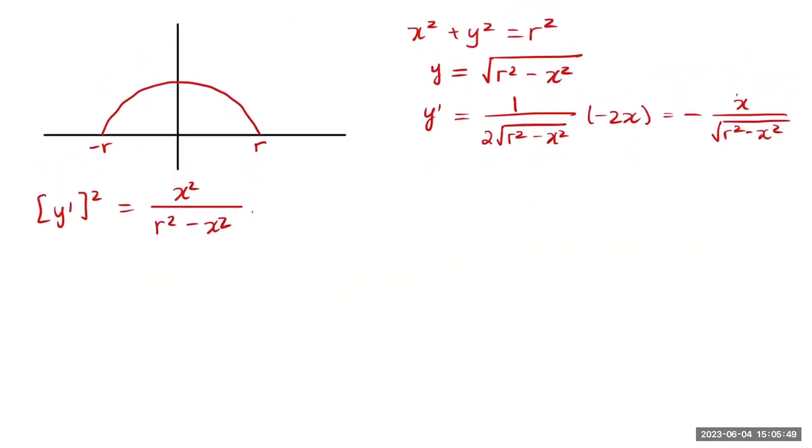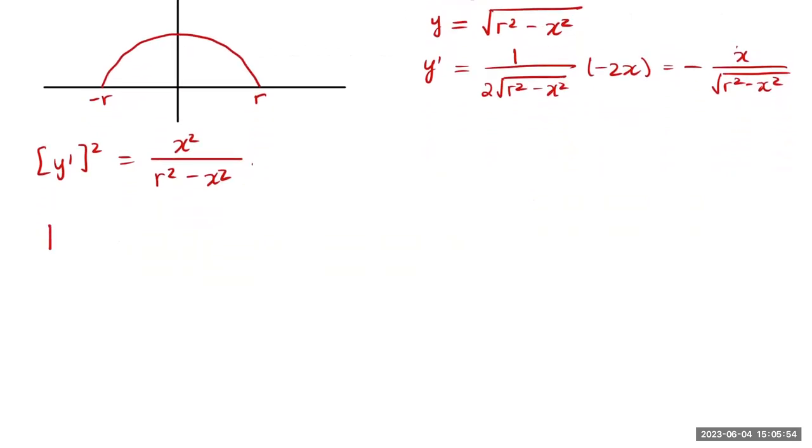Okay, now we just put that into the arc length formula. The length is the integral from negative r to r of the square root of 1 plus y prime squared, which is x squared divided by r squared minus x squared, and the whole thing is dx.